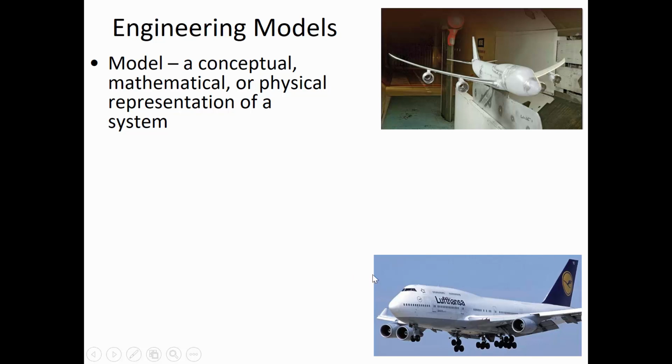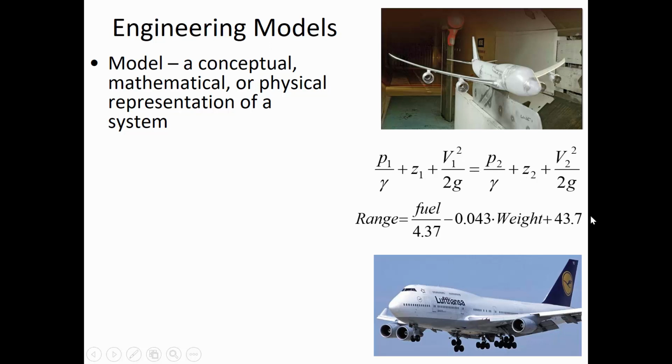So models give us the ability to predict what's going to happen in the real world. So Bernoulli's equation could be thought of as an engineering model. It's a model that predicts how changes in pressure, elevation, and velocity occur between 2 points. So here's another model. Like this formula could be used to predict the range of an airplane.